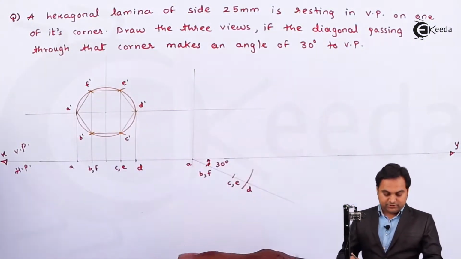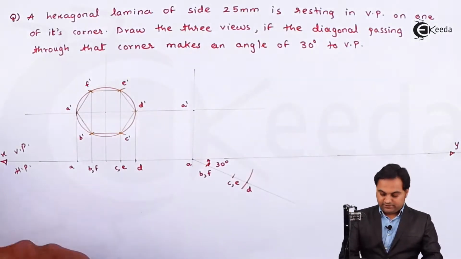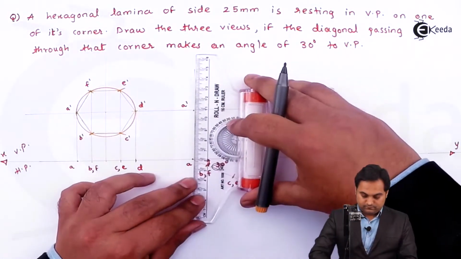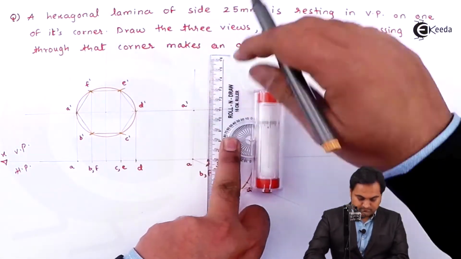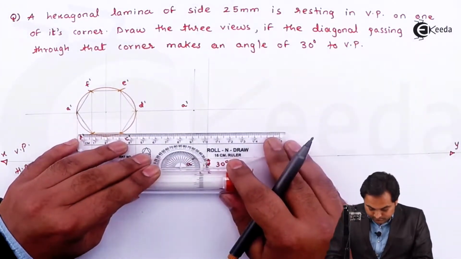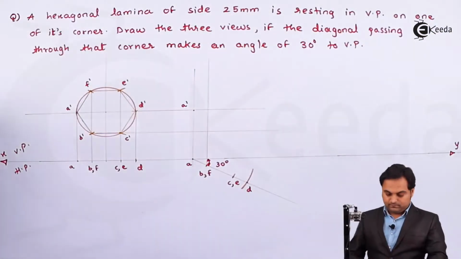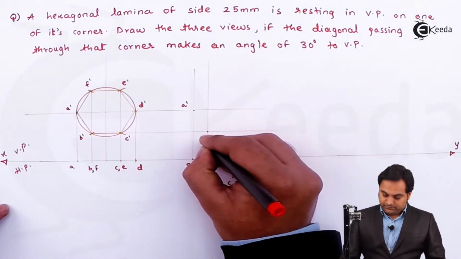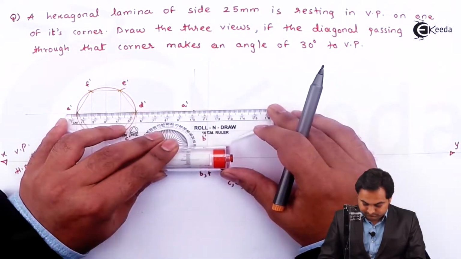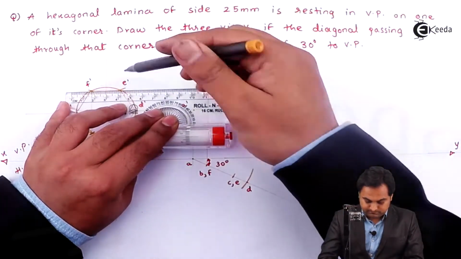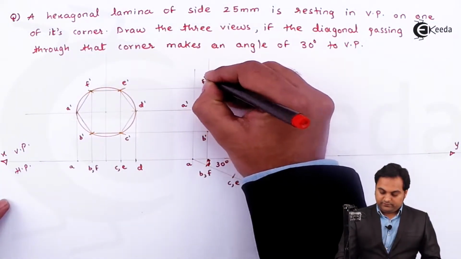So A and A dash, where they intersect, it will give me point A dash. Point B dash. Here we have F dash.